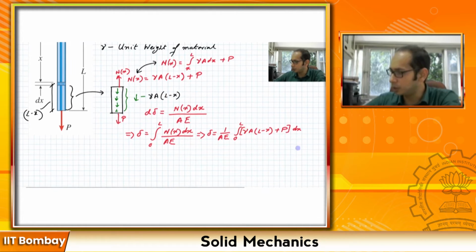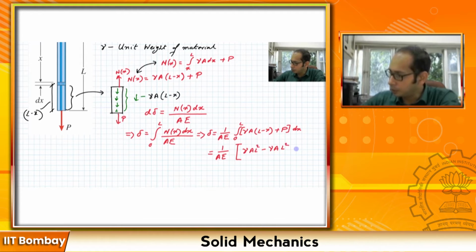Right, so let me scroll a little down. If I do the integration, what I will get is 1 by AE, the one which was outside the integral sign. If I do the integral, what I will get is gamma a L square minus gamma a L square over 2 plus P times L, right?